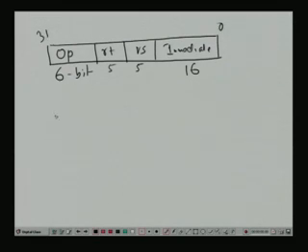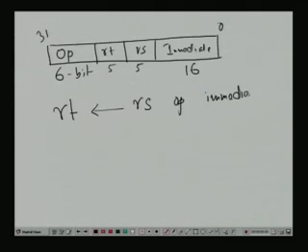Now, here the operations are on the 2 registers, it is a load store type, with RS and the immediate. Whatever the immediate value is, the operation is on the content of these registers.